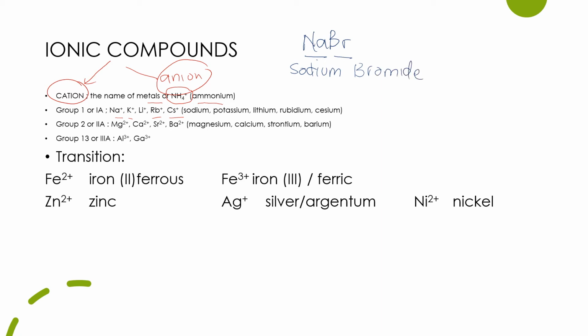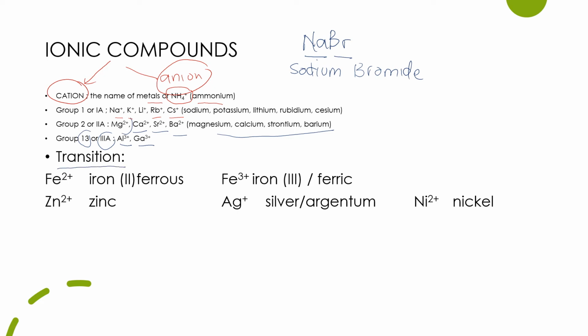For group 2, the ion is 2+: magnesium, calcium, strontium, barium. Group 13 or group 3A: aluminium, gallium.